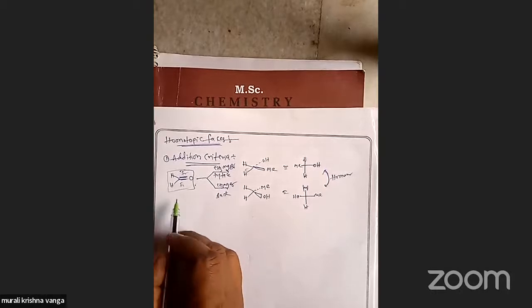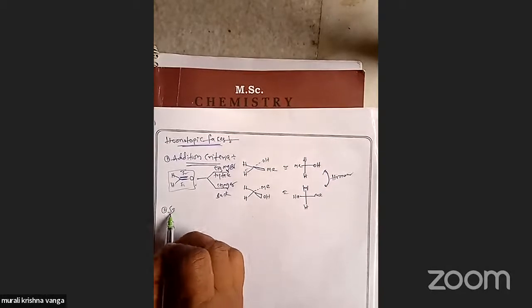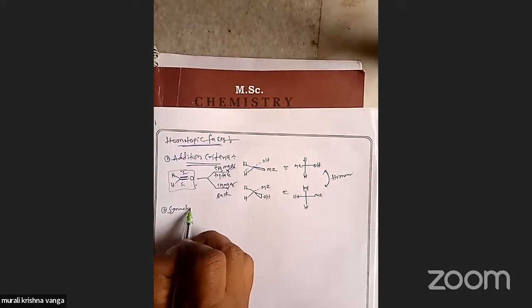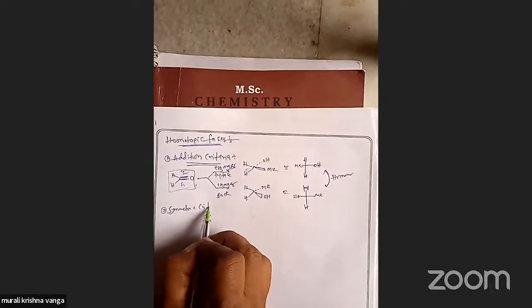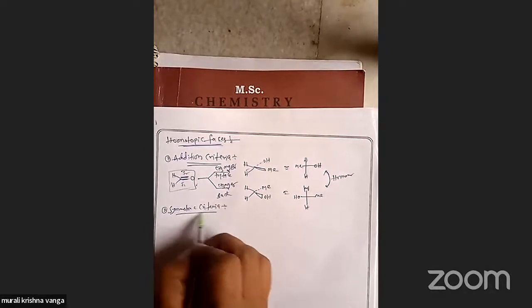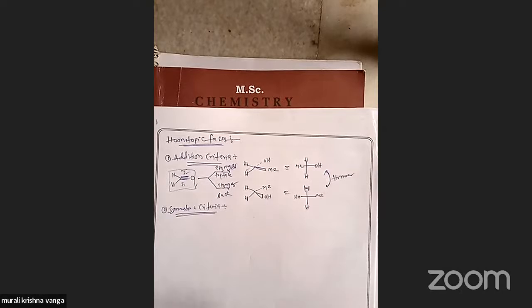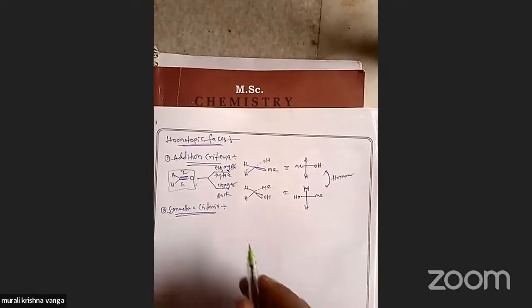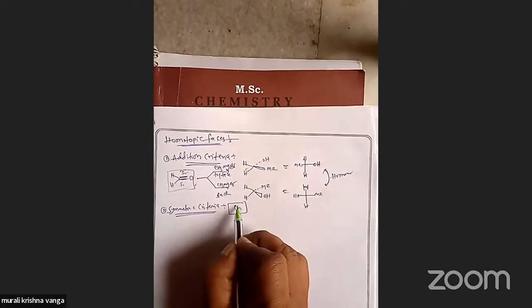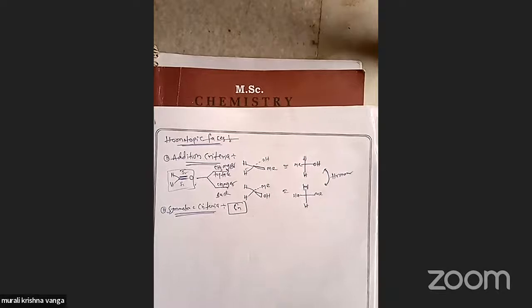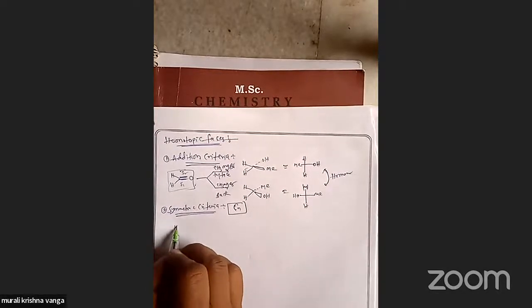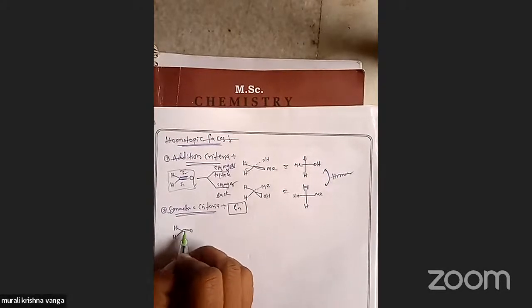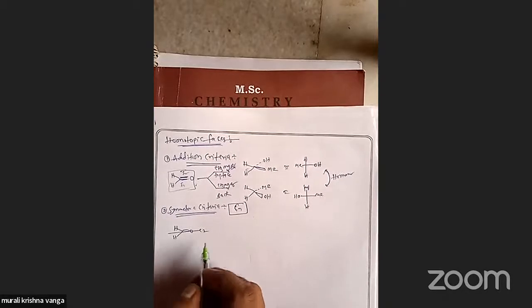Next one is the symmetry criteria. If the selected phases are interchangeable with Cn symmetry, then those phases come under homotopic phases. Here also I am taking formaldehyde. These are interchangeable with C2 symmetry.